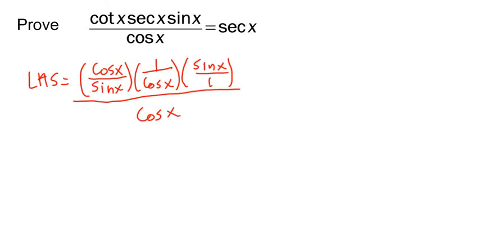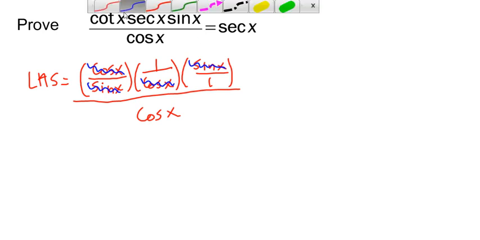So if you look here, my sines cancel. So I have a sine over here and a sine over here. So they cancel. So I'll multiply straight across the top. So that's good. And my cos cancels. So all I'm left with in the top is 1.